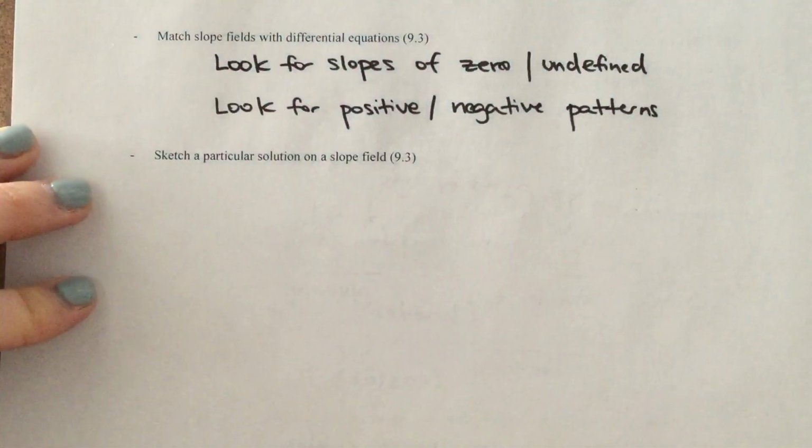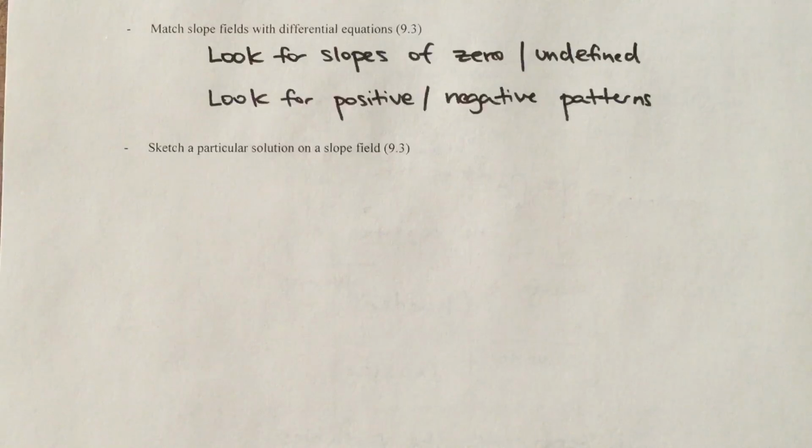Like you guys might notice in one of the slope fields, oh, when I'm in the second quadrant, all of the slopes are positive. And then you can see if there's an equation that would make sense for that. Like, oh, it would make sense that this equation would give only positive slopes in the second quadrant, and figuring different things out like that.